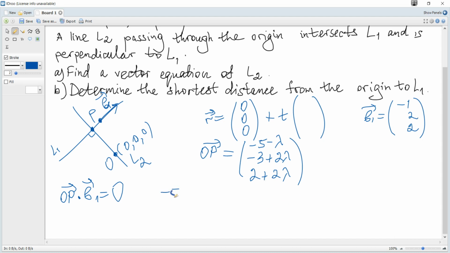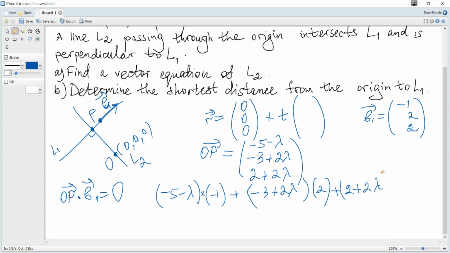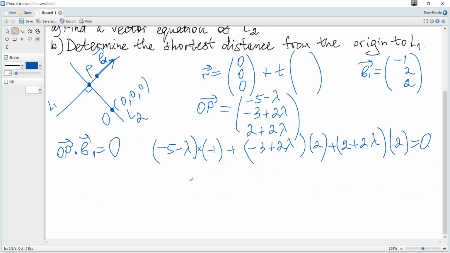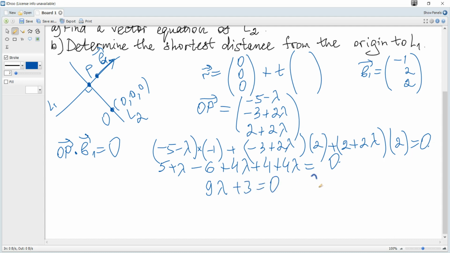It becomes (-5 minus lambda) multiplied by -1 plus (-3 plus 2 lambda) multiplied by 2 plus (2 plus 2 lambda) multiplied by 2 is 0. So 5 plus lambda minus 6 plus 4 lambda plus 4 plus 4 lambda is 0. 9 lambda plus 3 is 0, and lambda is -1/3.